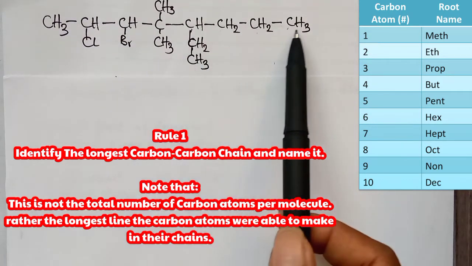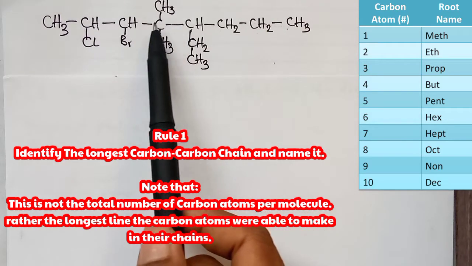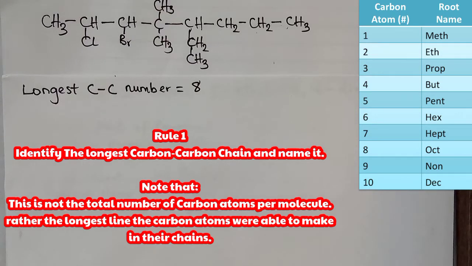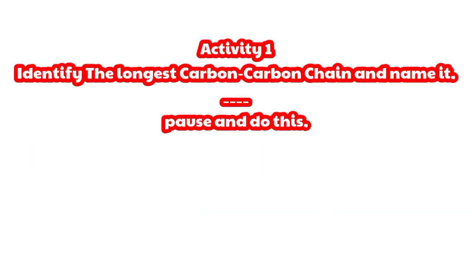We can go again: 1, 2, 3, 4, 5, 6, 7, 8. From this, we know that the longest carbon chain is 8. Therefore, we are going to write it out that the longest carbon chain is 8. Here it is 8, and we are going to call it oct. Therefore, the name of carbon-carbon chain number 8 is oct. My first rule has been obeyed.